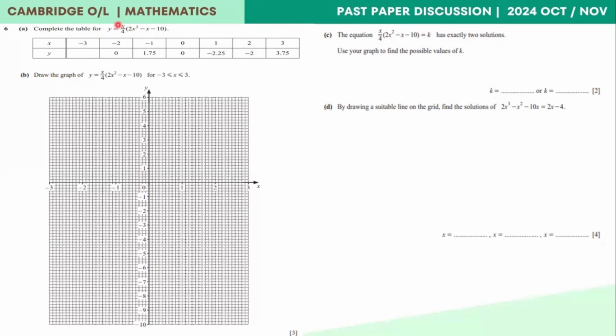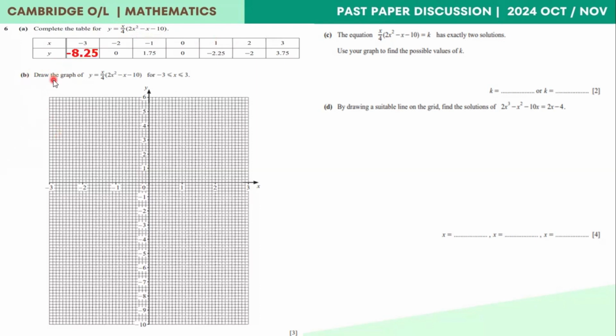So that will be minus 3/4 bracket 2 into minus 3 square minus minus 3 minus 10. So that's what would come. Then if you put that directly in your calculator, you get minus 8.25. So that will be your answer.